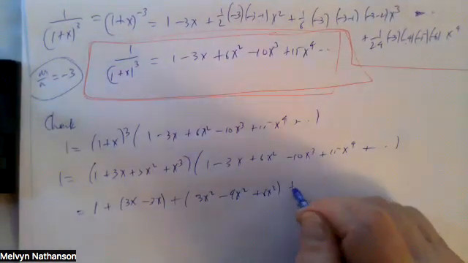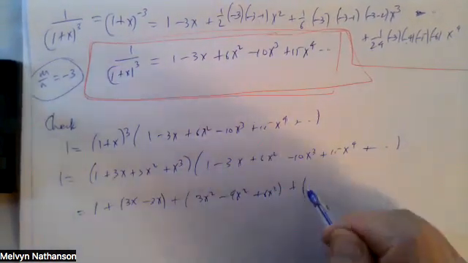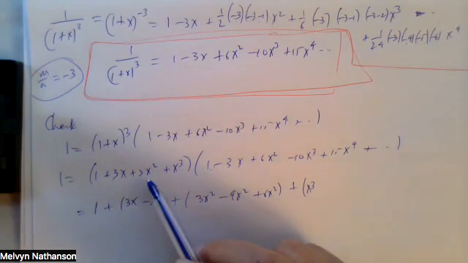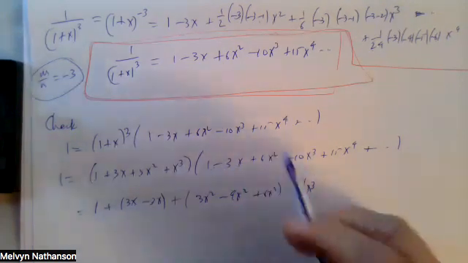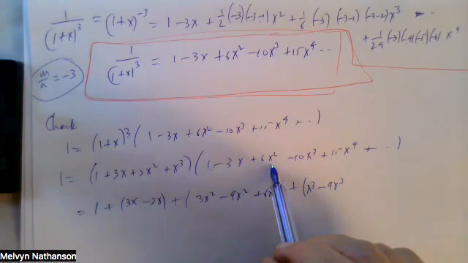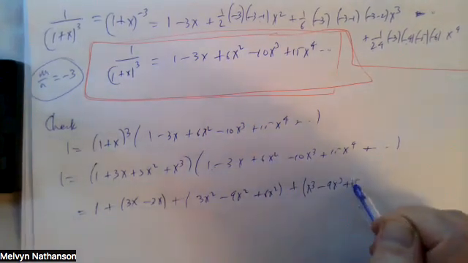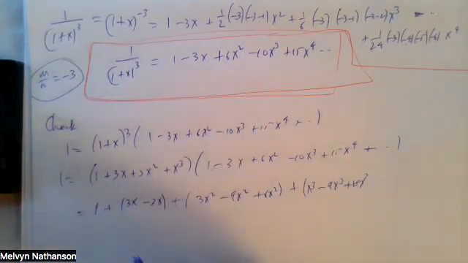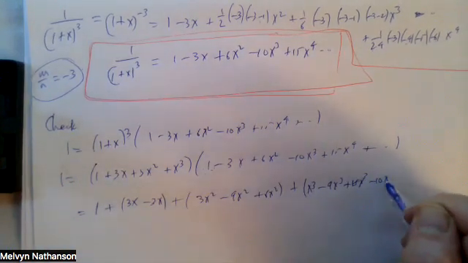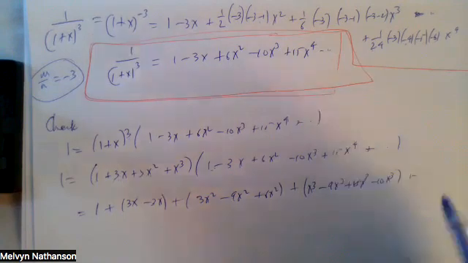What are the cubic terms? I have x cubed, I have 3x squared times minus 3x is minus 9x cubed, 3x times 6x squared is plus 18x cubed, and 1 times minus 10 is minus 10x cubed. What is this?